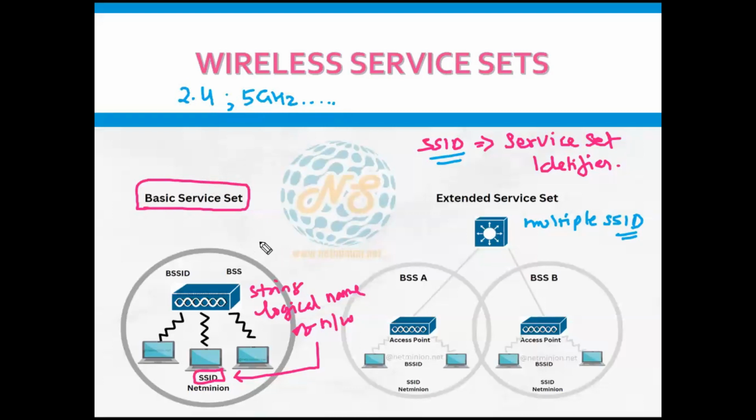So let us say if there is a corporate user, you can have a corporate SSID for them. If there is a guest user, you can have a guest SSID for them. In our environment in Honda, you have 2 SSIDs, one for employees, one for guests. Correct.